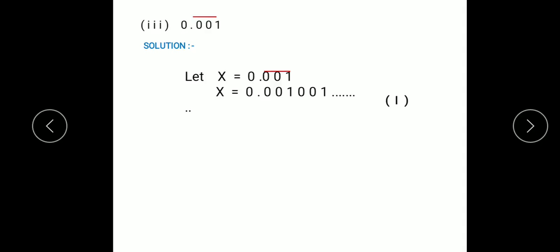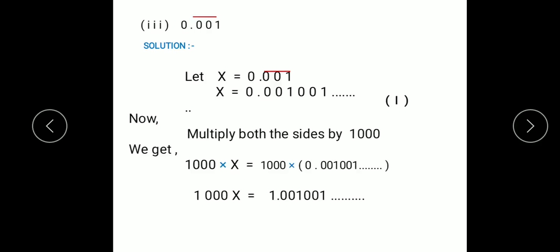Since 3 digits are recurring, we must multiply by 1000. When we do so, we get 1000 into x is equal to 1000 into the recurring decimal. Therefore, on the left hand side we have 1000x.